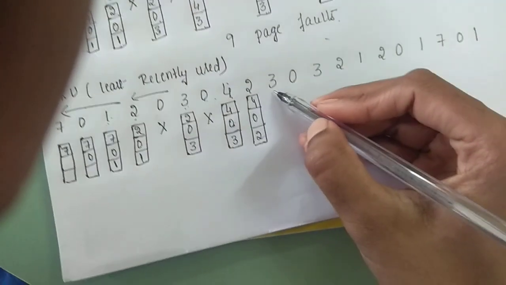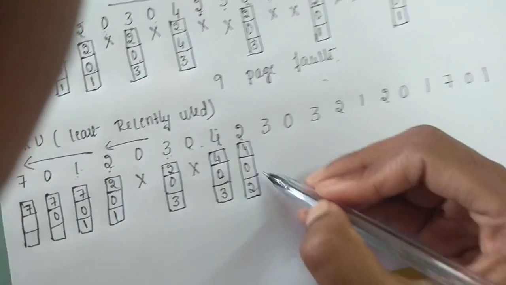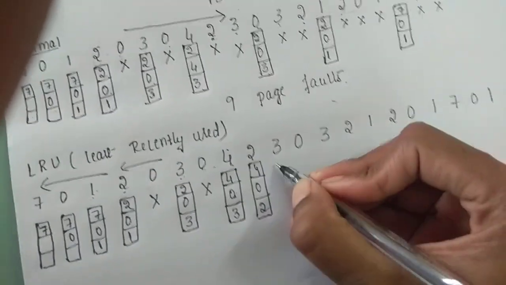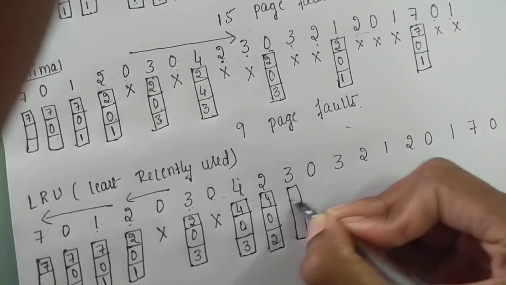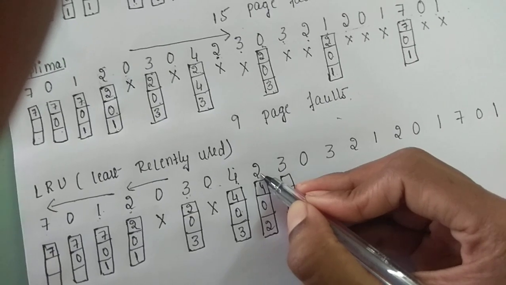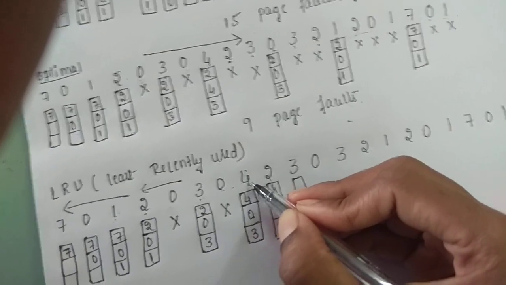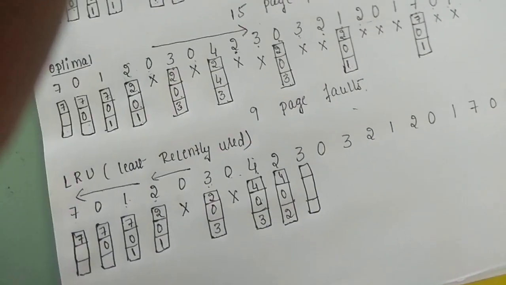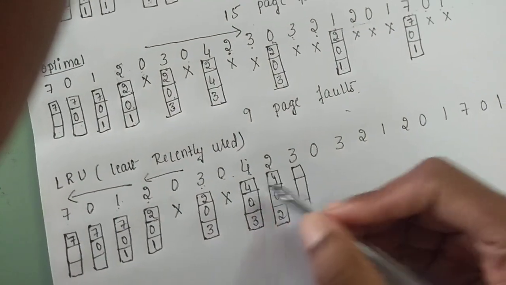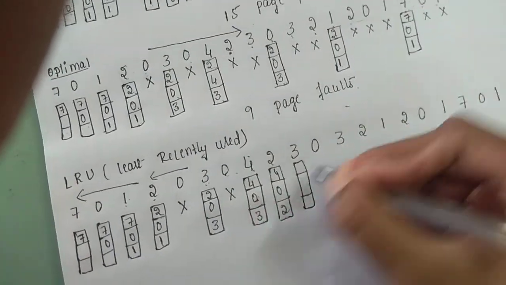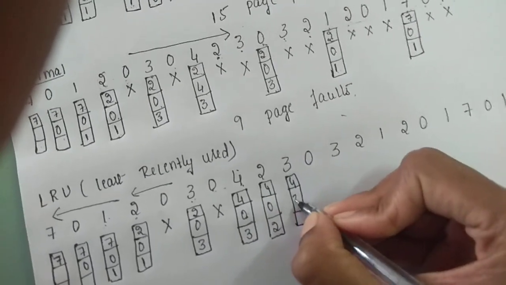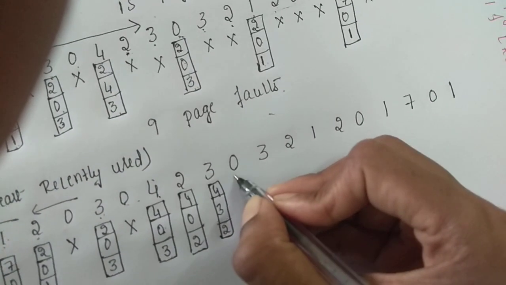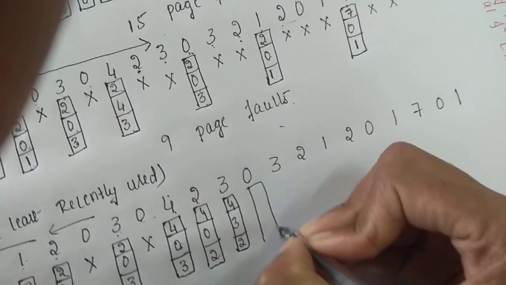Again the next 3 is not in the frame, so replace with this element. 2 is here itself, 4 is also here, and 0 is the last compared to 4, 0, 2. 0 is coming last, so replace 0. With 4, 3, 2, we need to insert 0. 0 is not in the list, so again write the box.